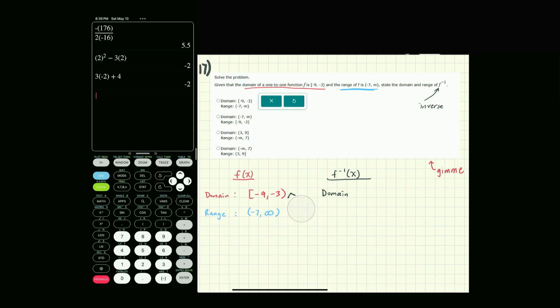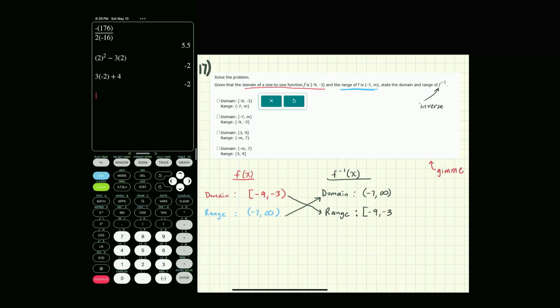Maybe I should show it like this. The range of the original becomes the domain of the inverse. Similarly, the domain of the original becomes the range of the inverse.